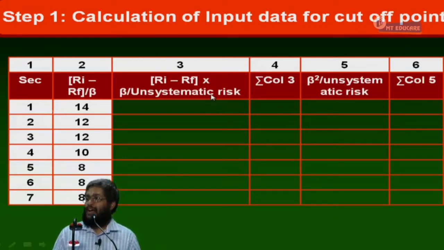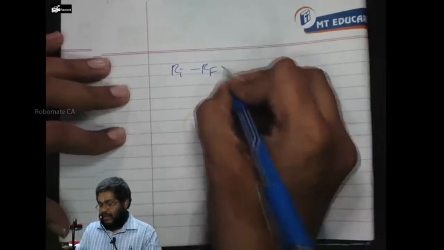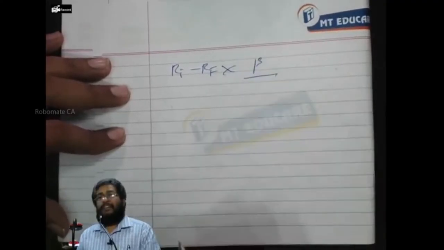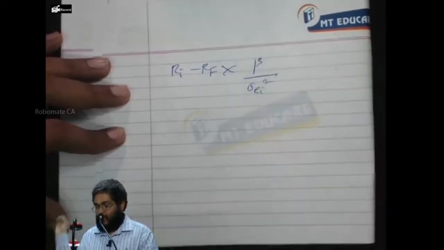RI minus RF into beta divided by unsystematic risk. I'll write it in the sheet to understand what is being done. Unsystematic risk is sigma EI squared.